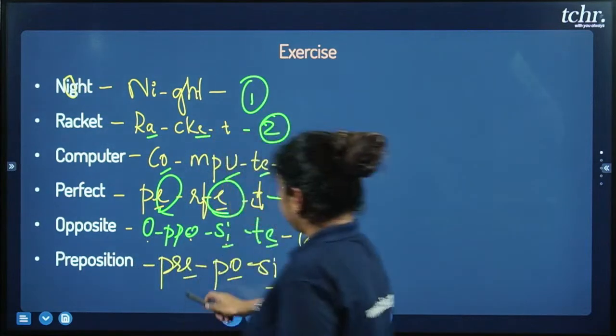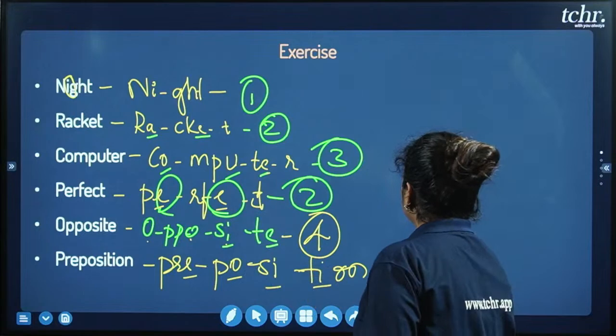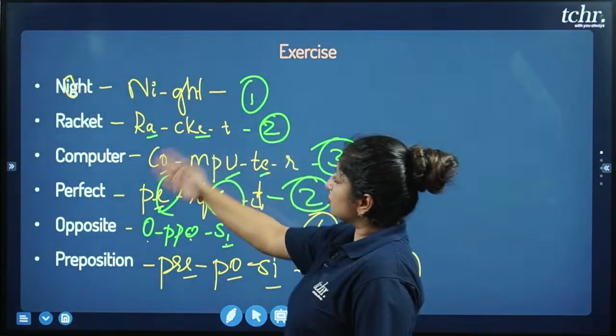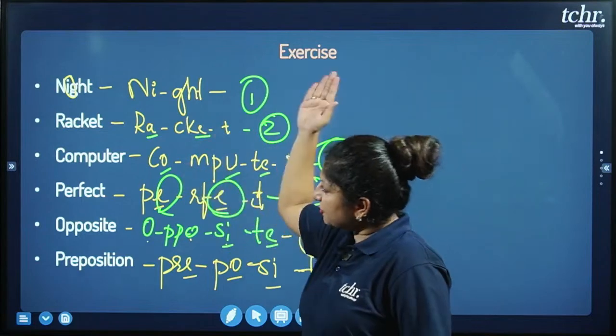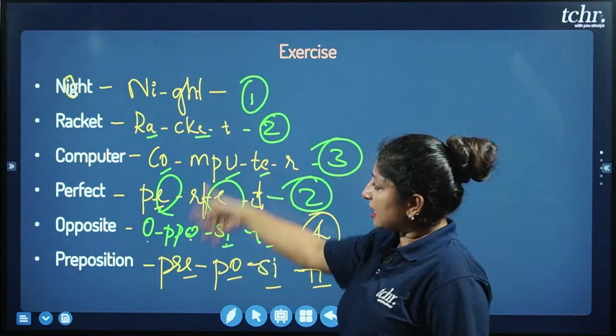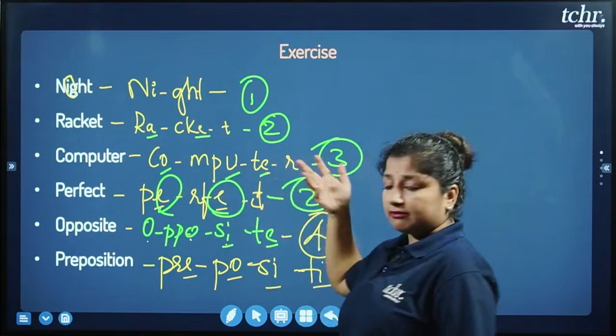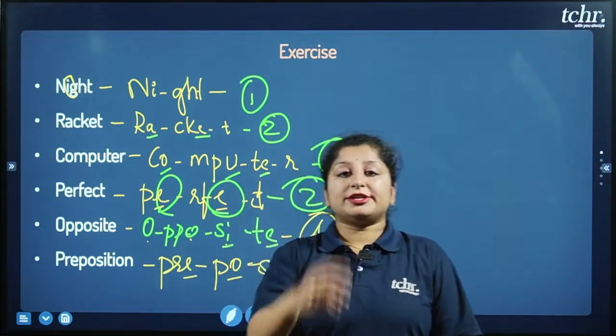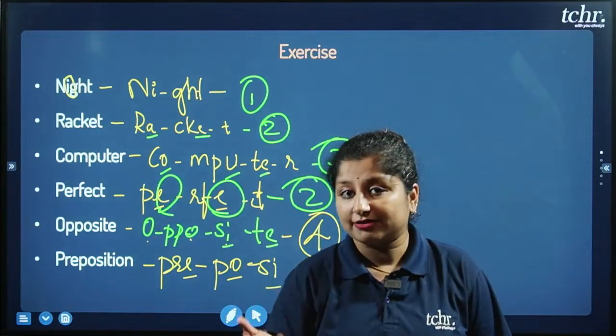How many vowels are here? 1, 2, 3, 4. Preposition also has 4 vowels. This is how you're supposed to break them. Whenever it ends with a vowel sound, break it, count how many vowels are there. As simple as that.